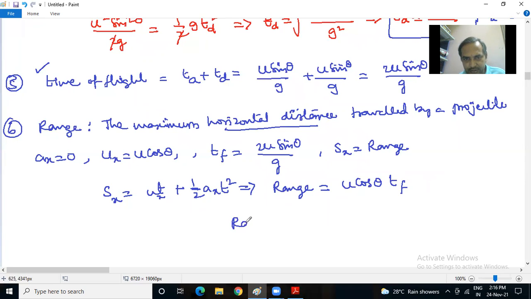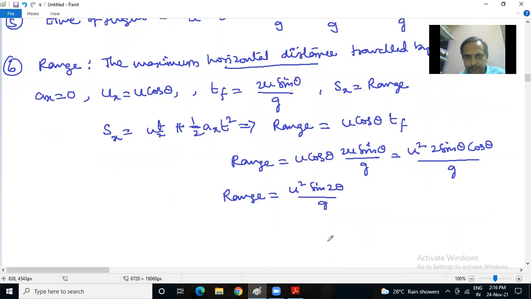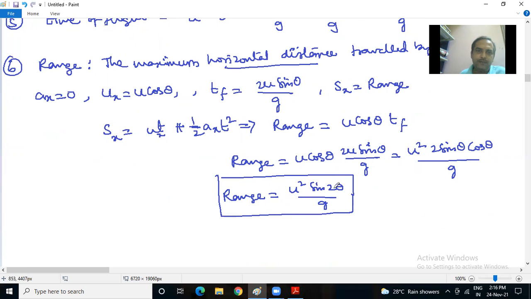So we'll finally get range is equal to U cos theta. Time of flight is 2U sine theta by G. So this will be U square 2 sine theta and cos theta by G. So finally range is equal to U square sine 2 theta by G. So there will be numerical even on this equation also.